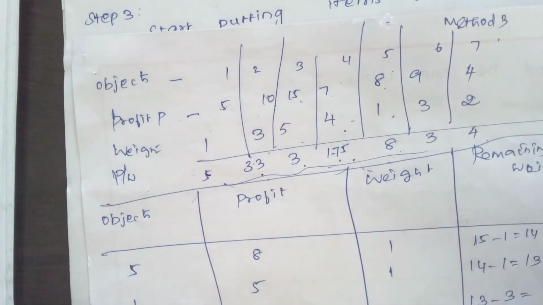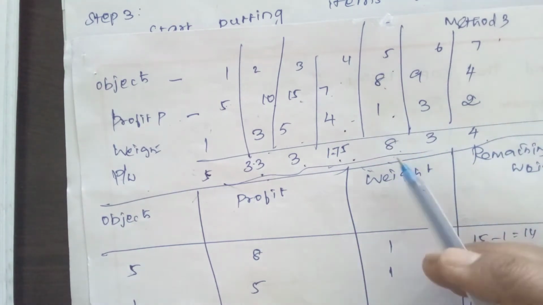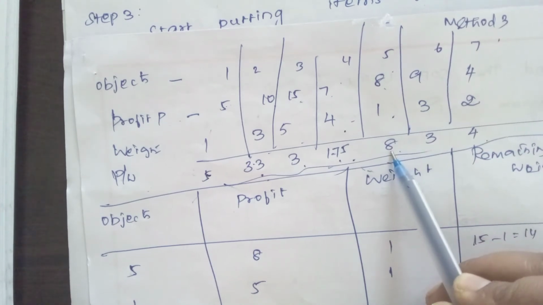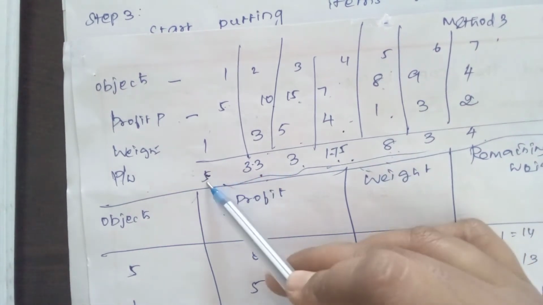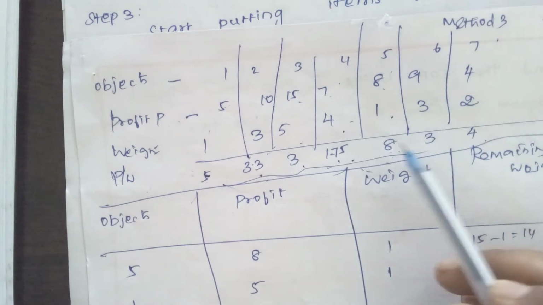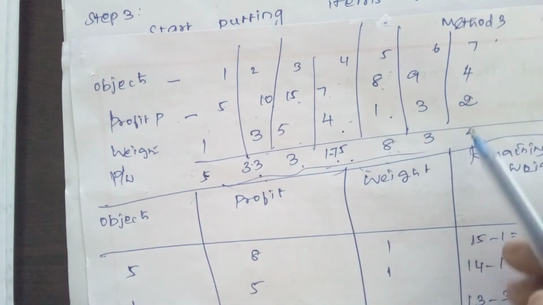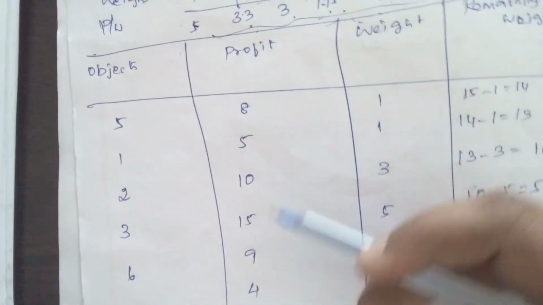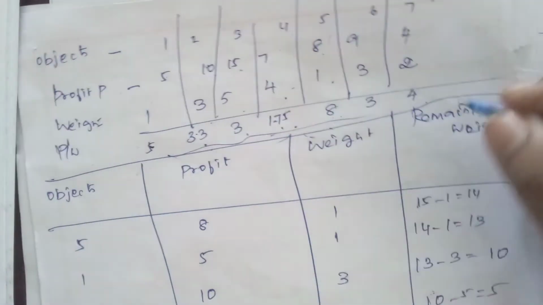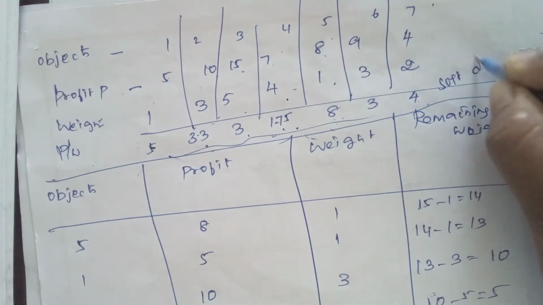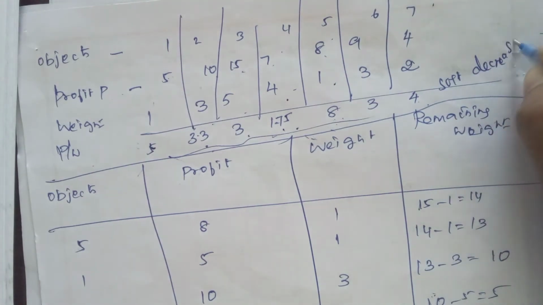Decreasing order means maximum to minimum. See here, 8 is maximum, and after 8 comes 5, and then 4, 3, 3.3, like that it goes on.